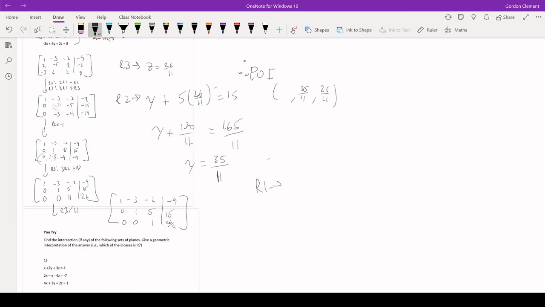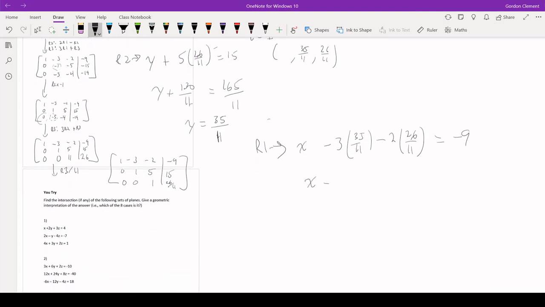To get the x, you go up to row 1. Row 1 says x minus 3y's, which is 35/11, minus 2z's, which is 26/11, equals -9. So x minus 105/11 when I multiply by 3, minus 52/11 is going to equal -9, which is -99/11.